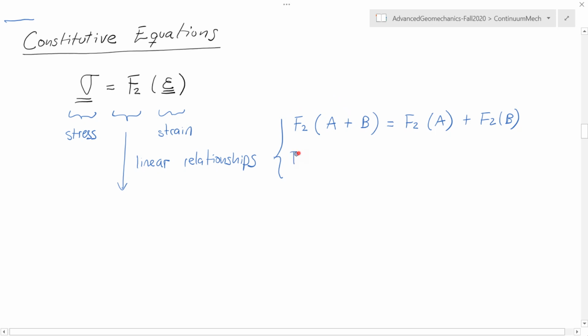The same thing, I could say that the result of amplifying a given action with a scalar C is the result of amplifying the response of that action.